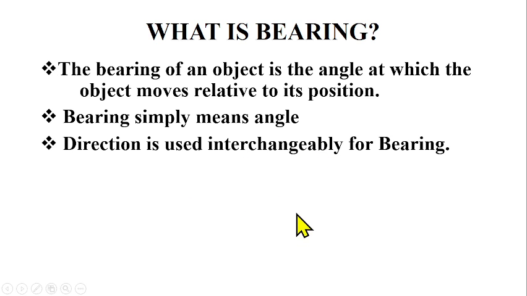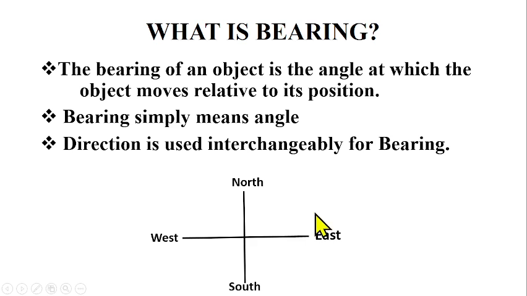Also in bearing, like I said, the angle we are looking for is relative to position. For the position of anything in bearing, we use cardinal points to represent it. So if you are looking for the bearing of anything, the position of that thing is important, and we use cardinal points to represent the position of any object. In cardinal points, we have four: north, south, west, and east.